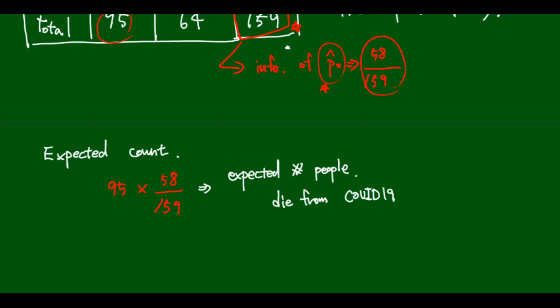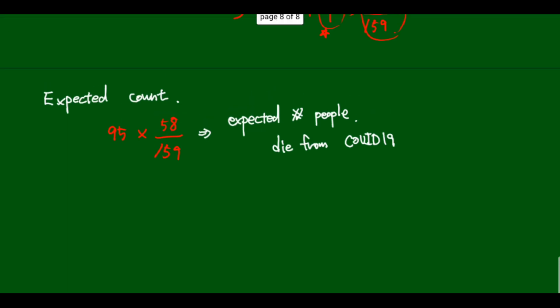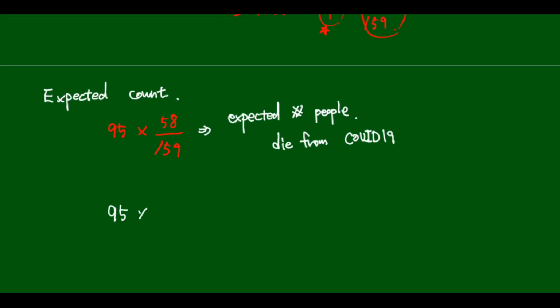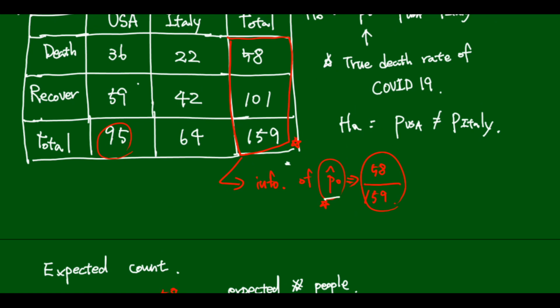And if I want to calculate the expected number who will recover from COVID-19, then I would do 95 multiplied by, since P naught hat is the true death rate of COVID-19, the recovery rate is actually 1 minus P naught hat, which can be calculated by 101, the number of observations for people who have recovered from COVID-19, divided by 159, the total observation number.